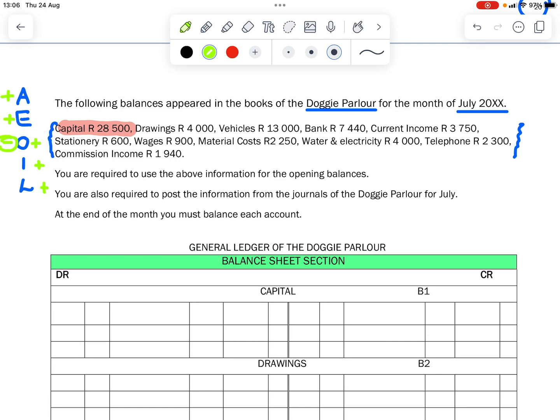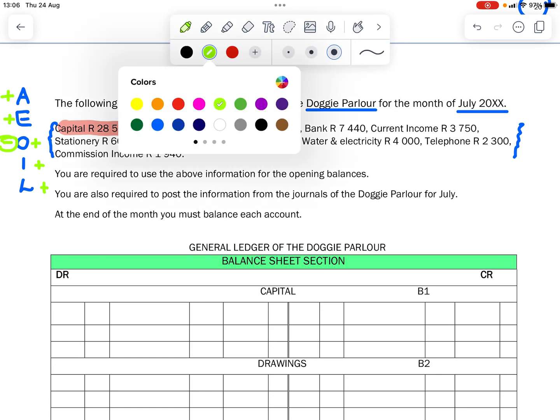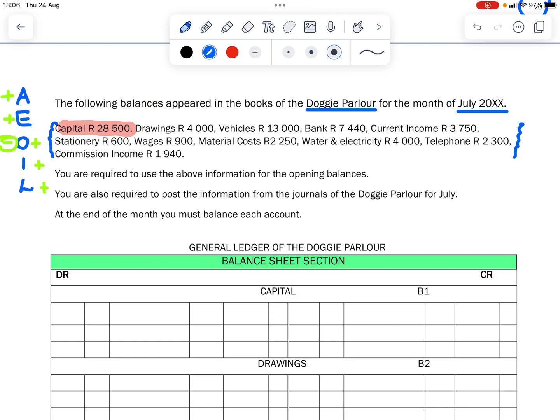So if we enter in the first balance of that 28,500, Capital increases owner's equity, so we would use the credit side. On the 1st of July, we would have our balance that has been brought down from the previous month, and our amount there is 28,500.